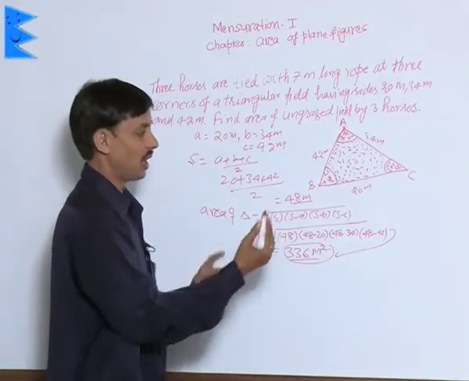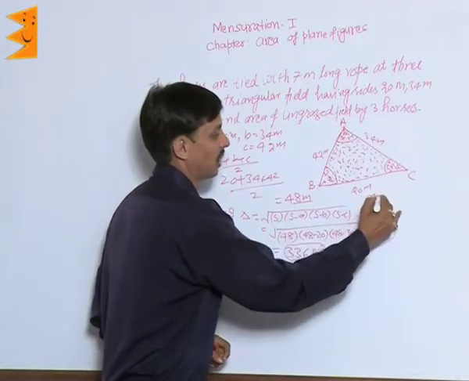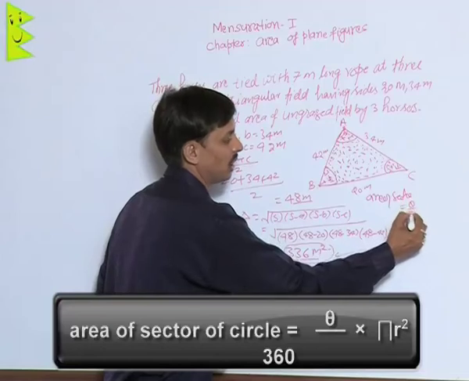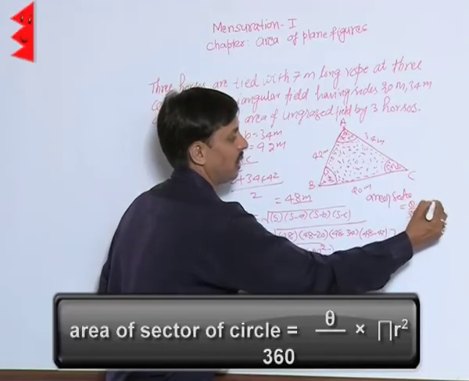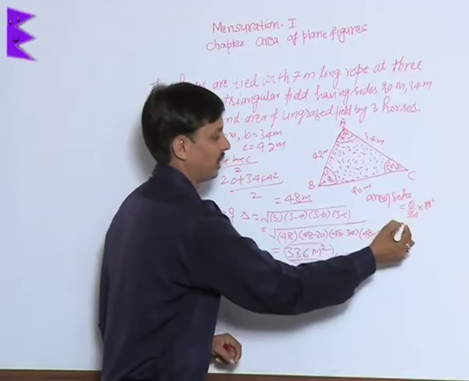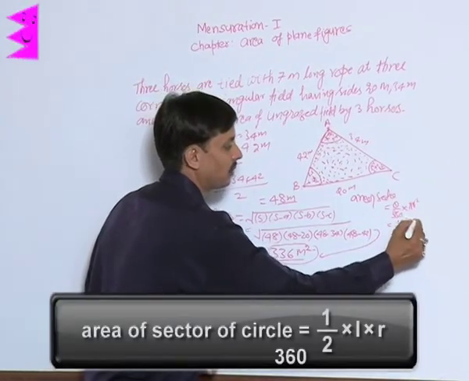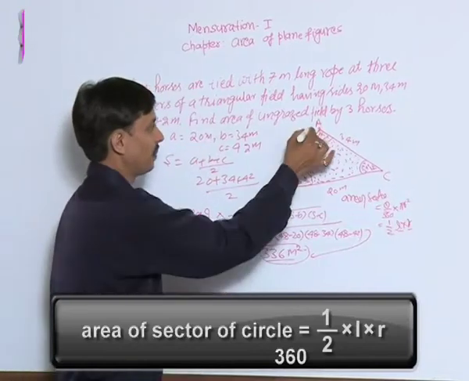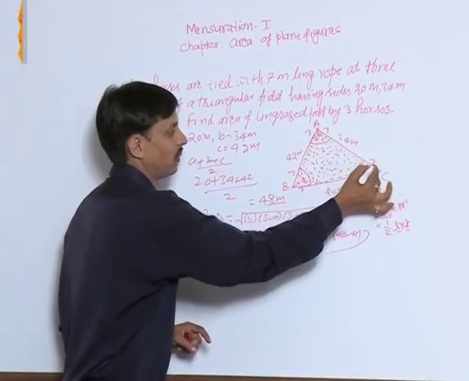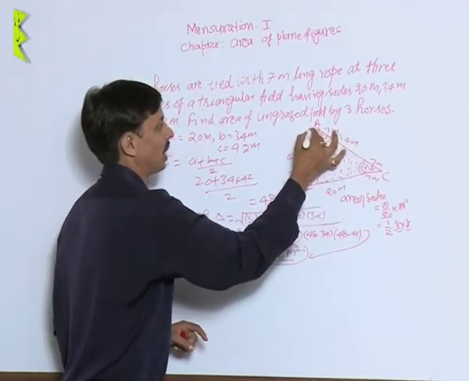One result is area of sector is equal to theta upon 360 pi r square, if theta and radius are given, and another is half LR, that is when length of arc and radius are given. But here the rope is 7 meter long, so in every case the radius is 7 meter.